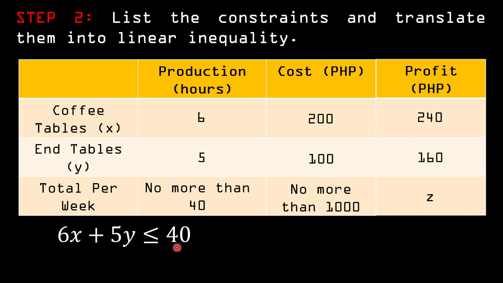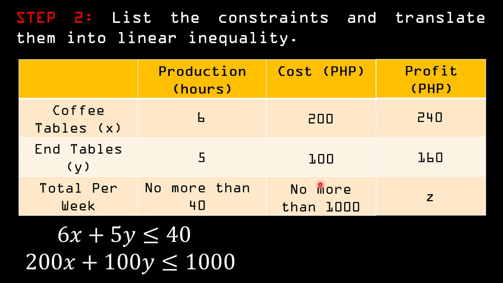And then for the material costs, same procedure. 200 times its quantity of the coffee table, so 200x, and then 100 times the quantity of the end tables, which is y. So 200x plus 100y is less than or equal to 1,000.